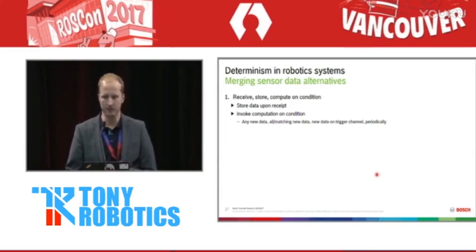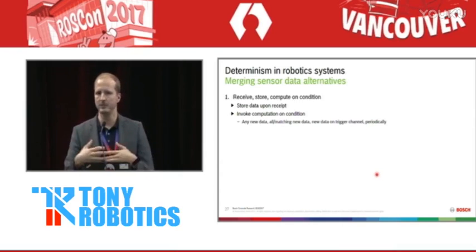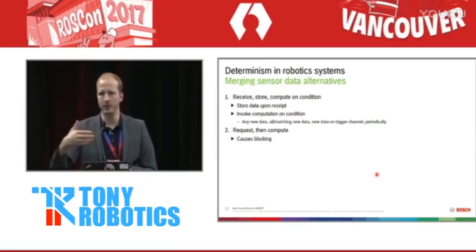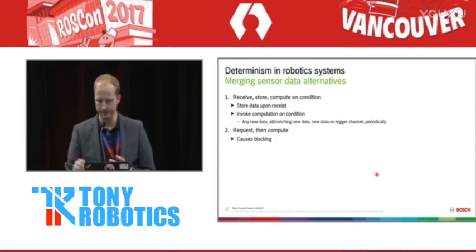Typical conditions for that are when you have new data from all of your sensors, or when the data has the right sequence number or the right timestamps. Or maybe sometimes you have a most important sensor, and whenever you get new data on that sensor, then you process. The other approach is you make an explicit request to the sensor and then compute. Of course, that blocks, but maybe not so long.